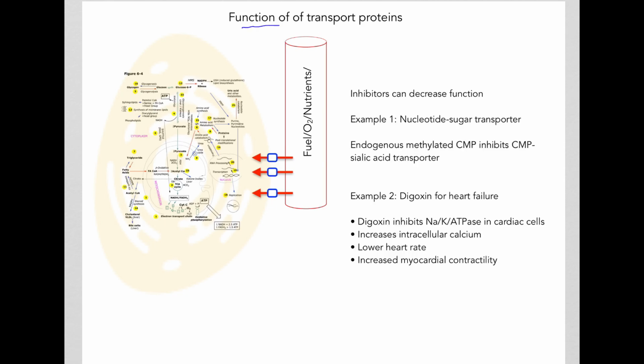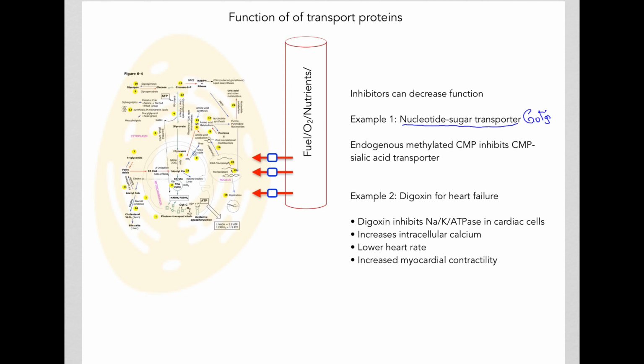Changing the function of transport proteins, the activity of these transport proteins, how fast they transport a certain chemical across the membrane, is yet another way to regulate metabolism. For example, there is a transport protein called nucleotide sugar transporter that is found on the Golgi membranes.